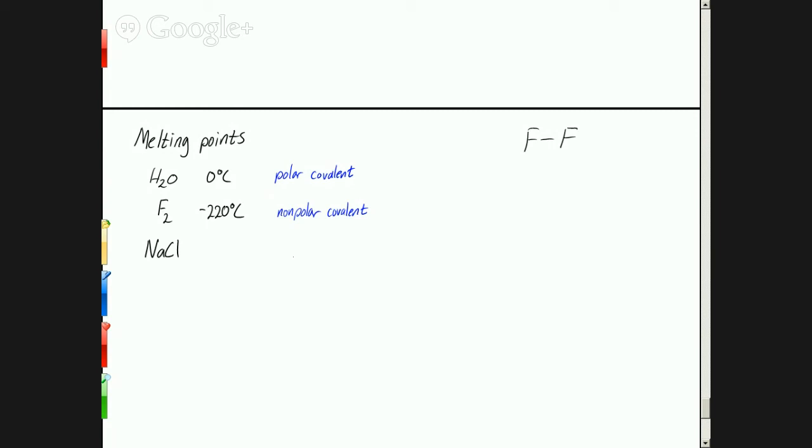Ionic, right. So this is going to be our more extreme side of the scale where the electrons are transferred to chlorine. And the melting point of sodium chloride is 801 degrees C. So we've got pretty big differences here.